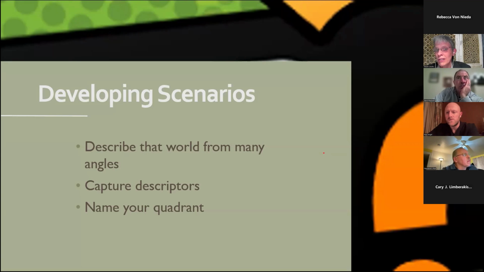Those are the things that we're going to be looking for. What really emerges as things that were outside of our control and really important. Then we are going to pick two of them, and we're going to put them together and develop scenarios.